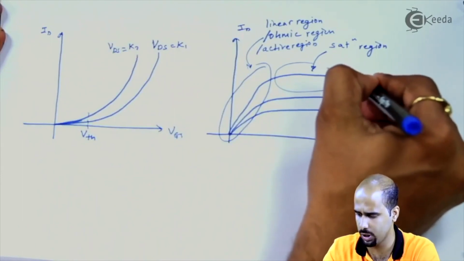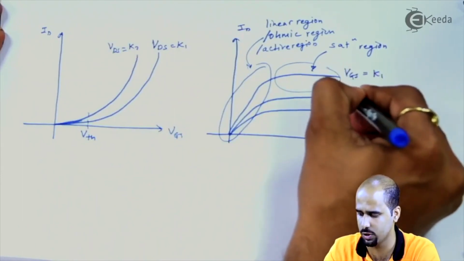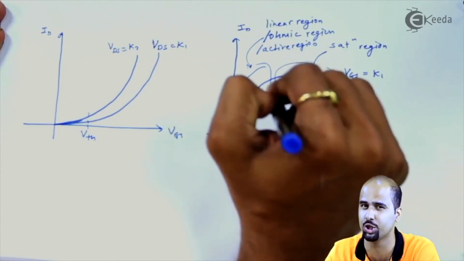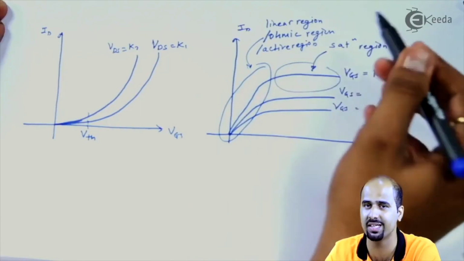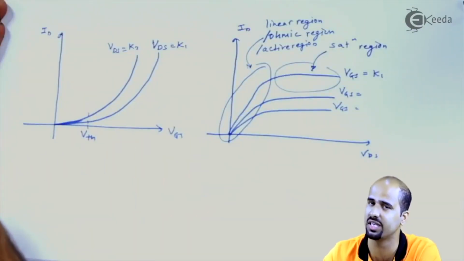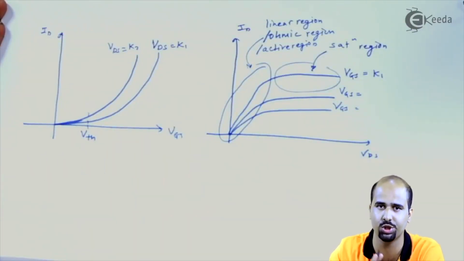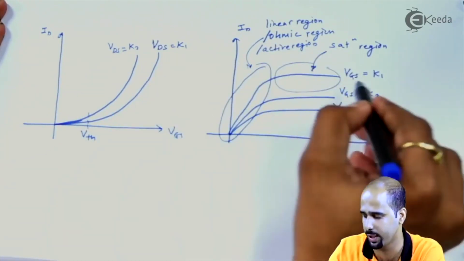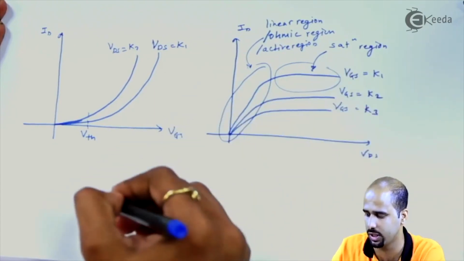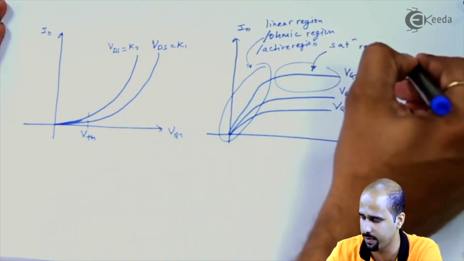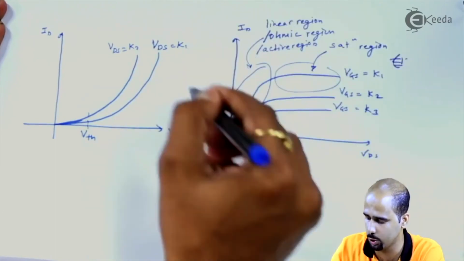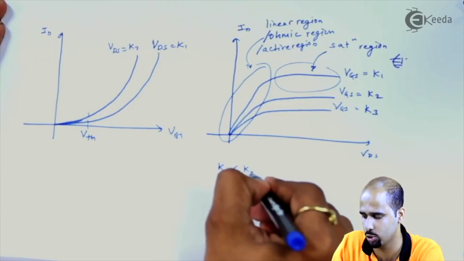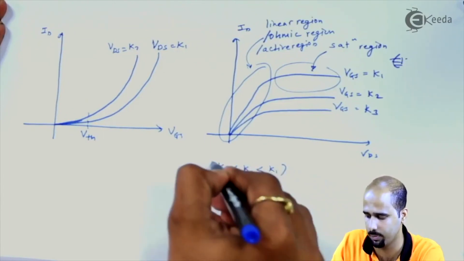For example, here we have different values of VGS. If you remember, I have discussed that the VGS value is constant, but it should be positive, and greater than VTH, that is the threshold voltage at which your channel gets formed. So here the value of VGS is equal to K2, and VGS is equal to K3, such that K3 is less than K2, which is less than K1.